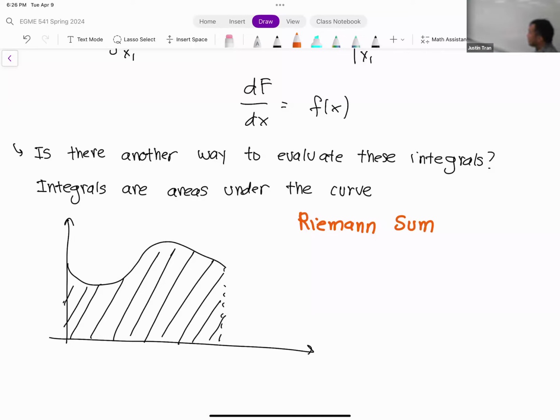So instead of performing the antiderivative and things like that, what you can do is fill this space with a bunch of little tiny rectangles, where the rectangles form the shape of the function itself.